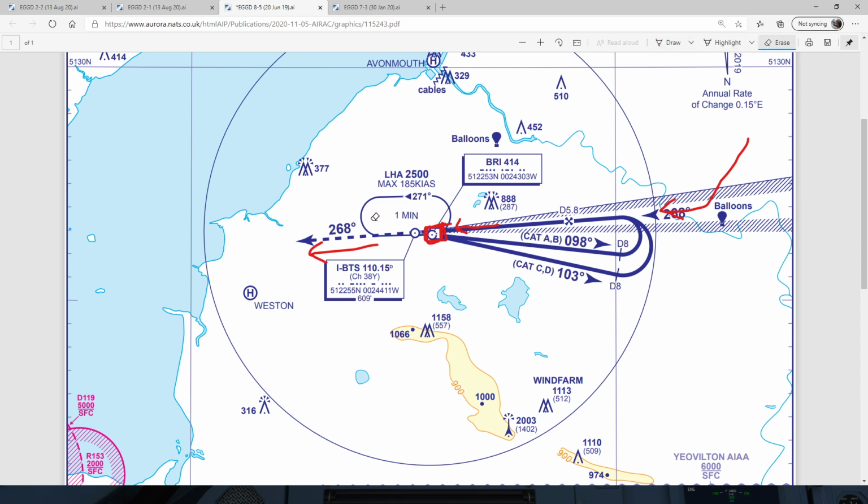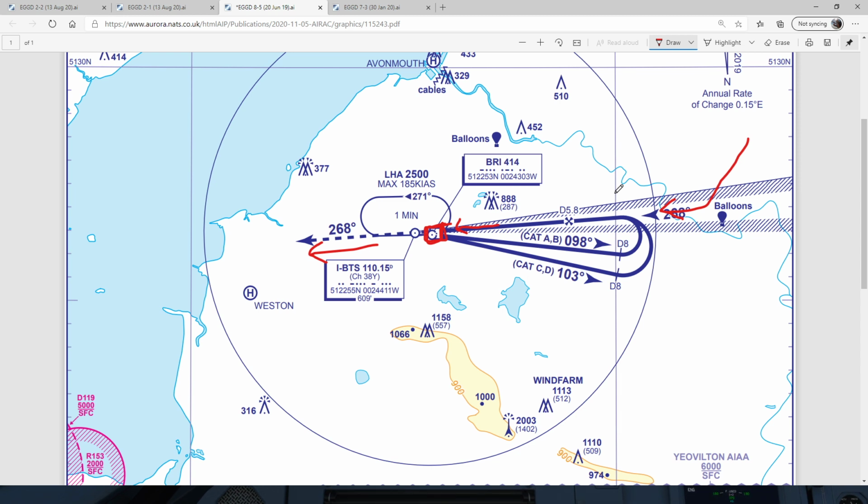So we know we need to climb to 3,000 feet, and we need to turn right to track back to the BRI 414 NDB, and get a piece of paper and have on there just a little diagram.